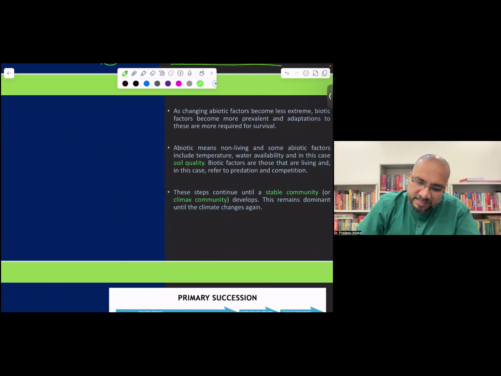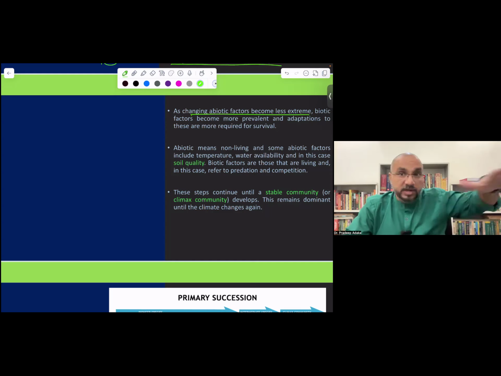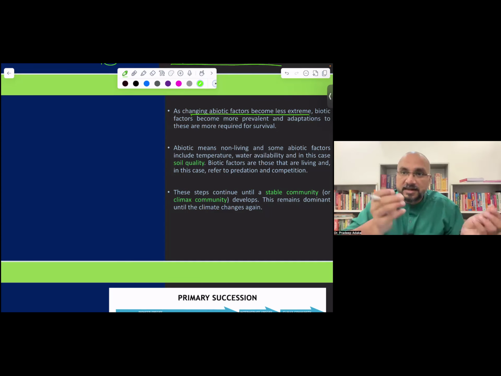Right? So as changing abiotic factors become less extreme, so earlier the abiotic factors were very extreme. सिर्फ पत्थर था वहां पर, there was no soil, only rock was there. So that rock was broken down by the weathering process and slowly soil and organic matter started to add. जो rocks के बीच में crevices है वहां पर थोड़ा थोड़ा organic matter and soil accumulate होने लग गया. There the bryophytes or the small plants start to grow, right?